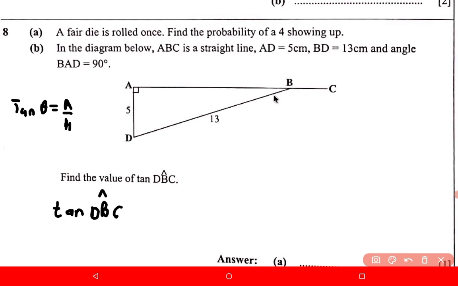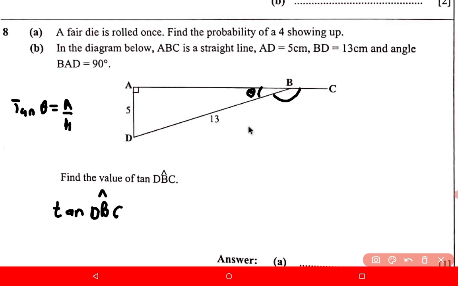What we are going to do here is first say, okay, if we have our theta here and we use tan, you're going to have opposite and adjacent.